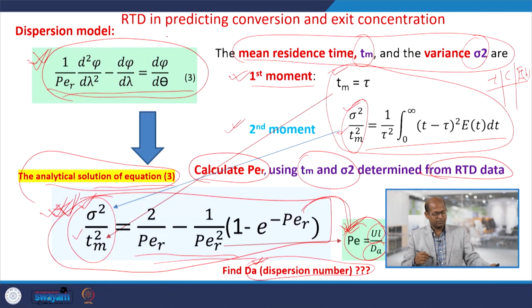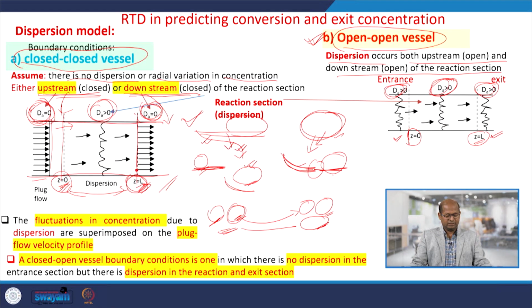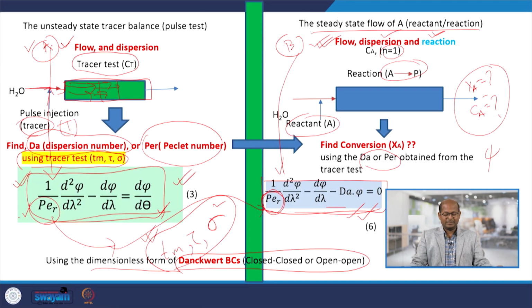Therefore the dispersion number is very important. Why are we going to find the dispersion number? The dispersion number or Peclet number we can find from our tracer test. Once we know that numerical value, we can easily conclude to what extent the reactor is dispersed, or whether non-ideality is there.